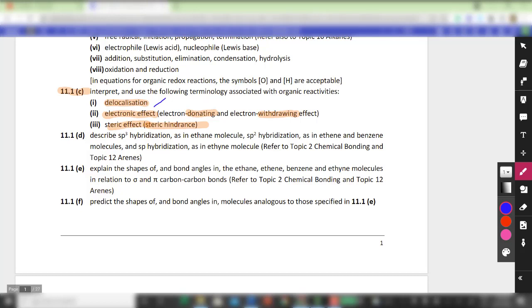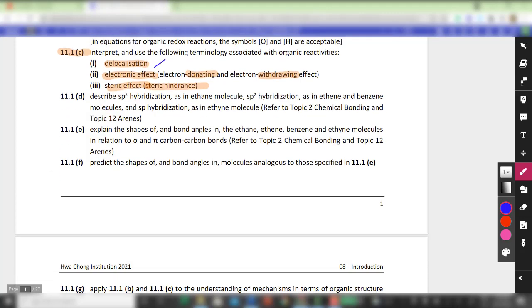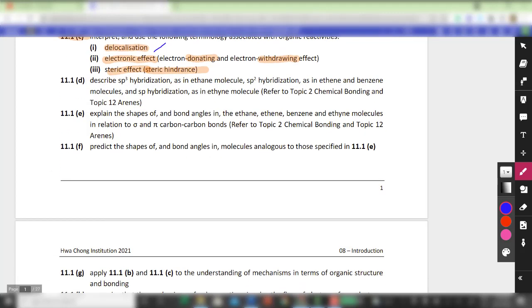But when you are exposed to them, you look at the terms, you read the explanation, then it will make a lot more meaning to you. So to understand objective 11.1c, it is easier to connect the dots backwards rather than forwards. Okay, 11.1d, in Hua Chong, we have covered them under chemical bonding, so that should be relatively straightforward.